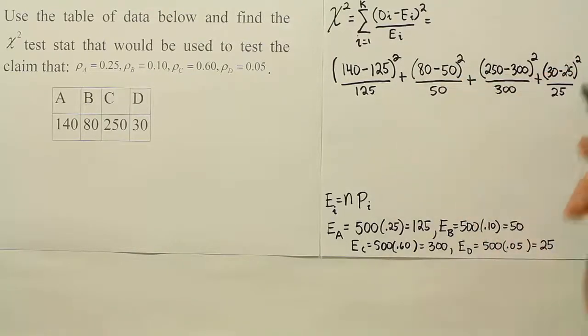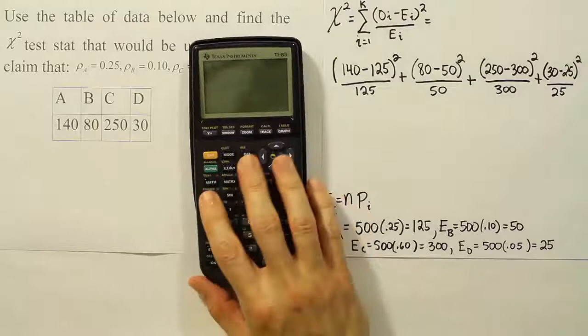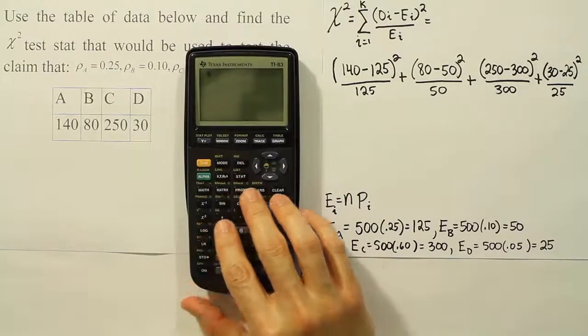All right, let's work out these 4 fractions using our calculator instead of that table format and see how quickly it's done compared to what we did before. Okay, I have my calculator set up.